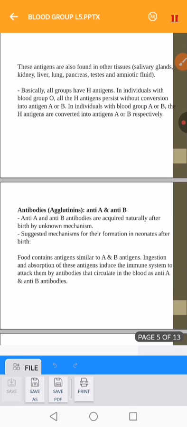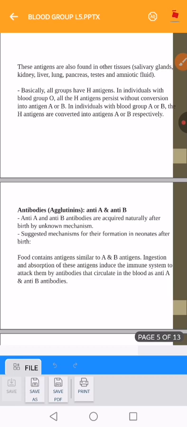So any person in this world has antibody in their circulation against a specific antigen. Why do they acquire that antibody? We have just a theory of how this antibody is acquired.